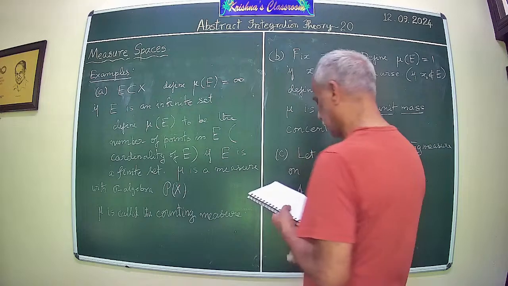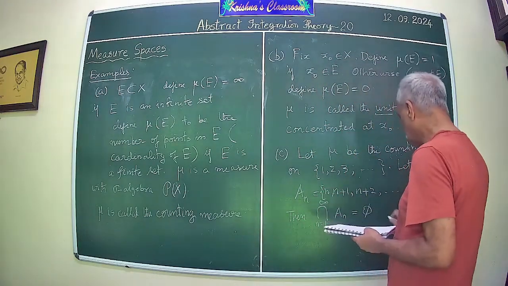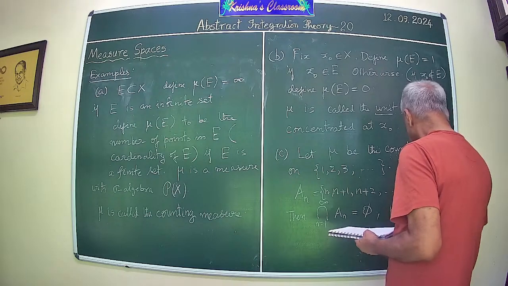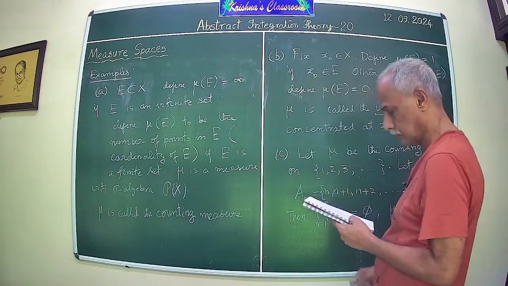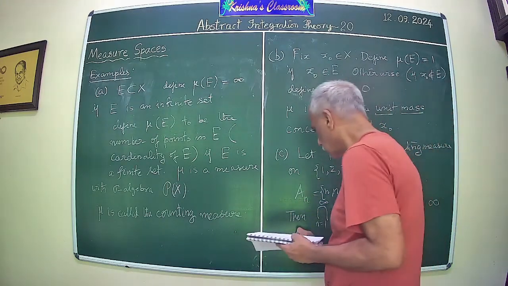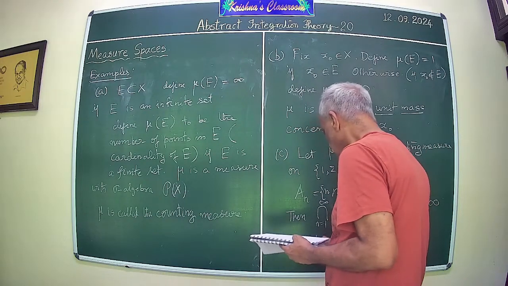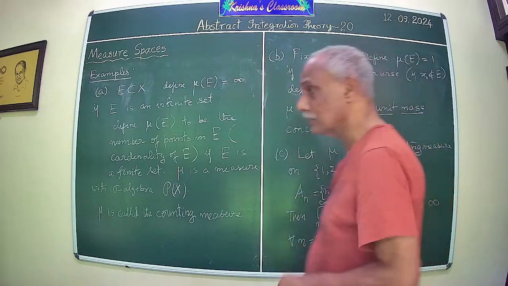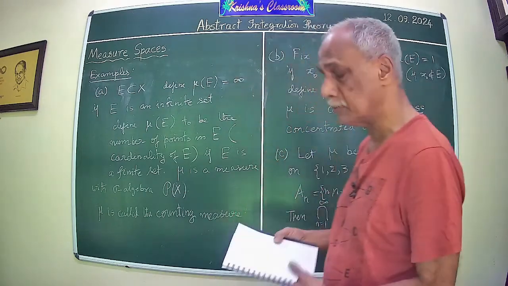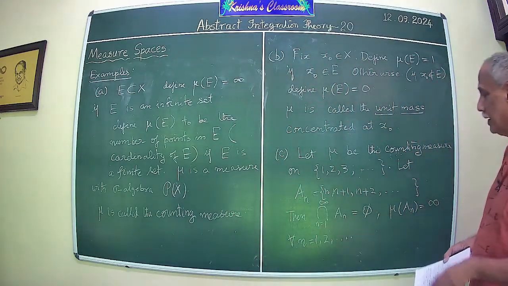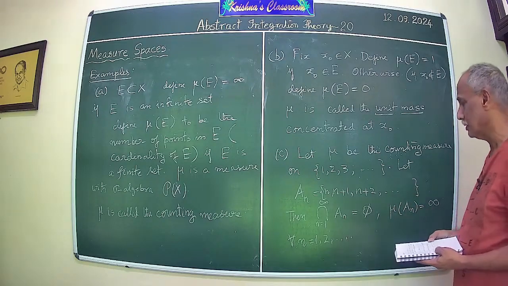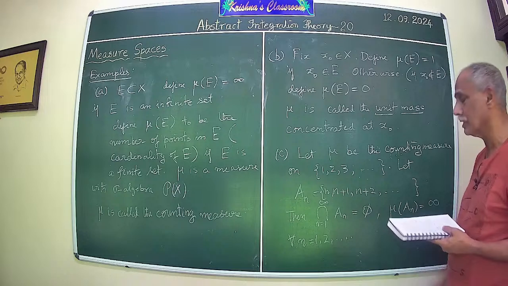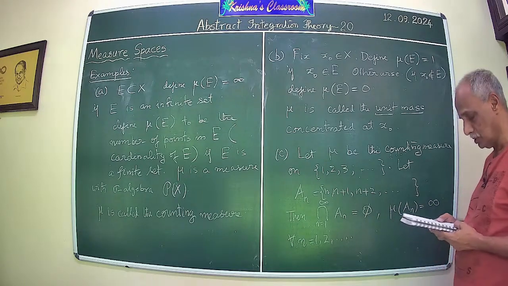The intersection is the empty set. And mu of An is infinity, etc. That means all these An have infinite measure. At the same time, their intersection is the empty set, and its measure has to be equal to 0.